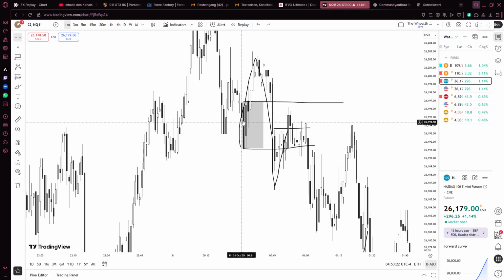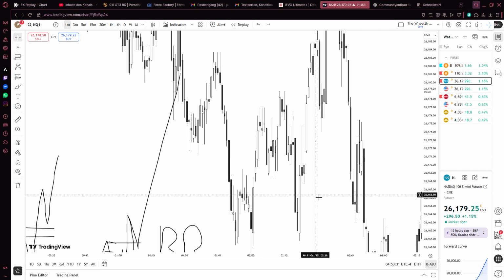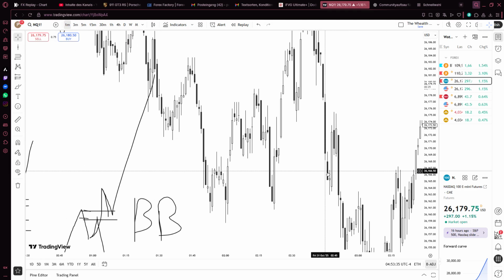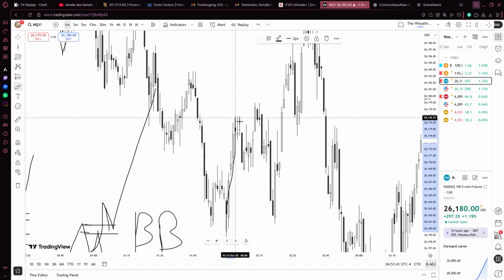So breaker block. A breaker block is an inversed order block. Let me show you a bullish scenario. Perfect example right here. Bullish example. We come up, come lower, come higher, and now we swept liquidity.